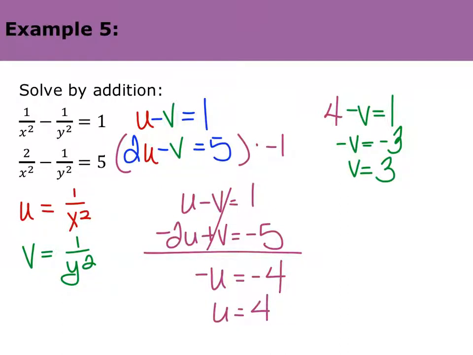We're not done. We found U and V. We haven't found the solutions. We've only found U and V. So remember that U is 1 over x squared and V is 1 over y squared. If U is 1 over x squared, then that means that 4 is equal to 1 over x squared.